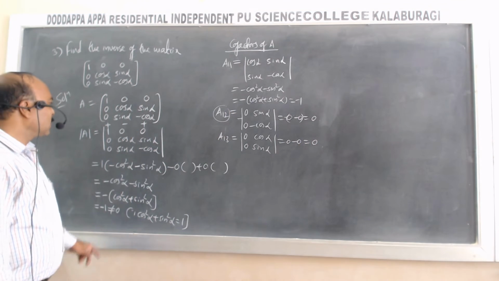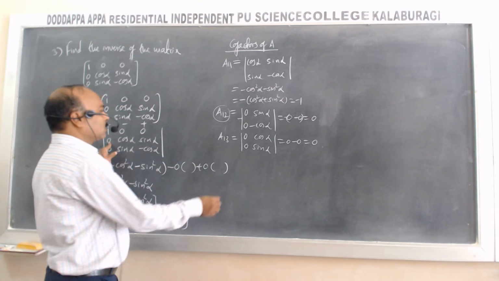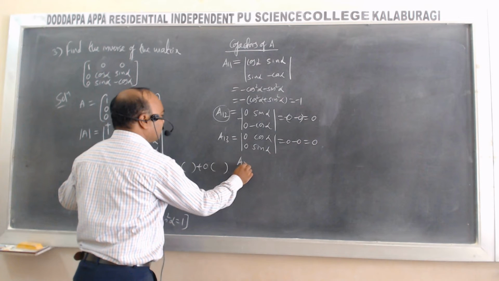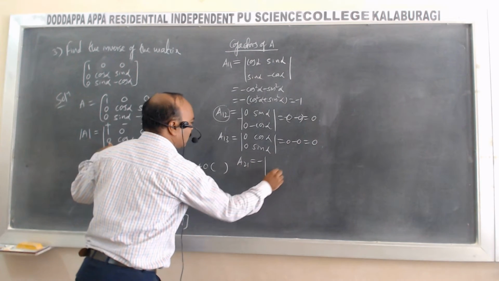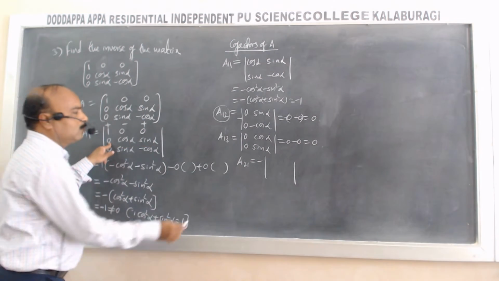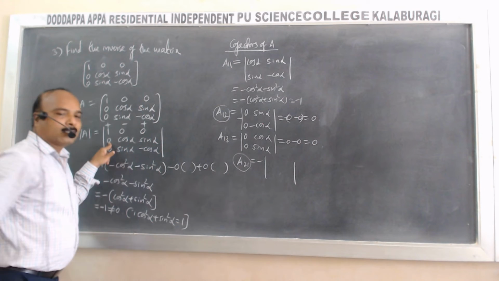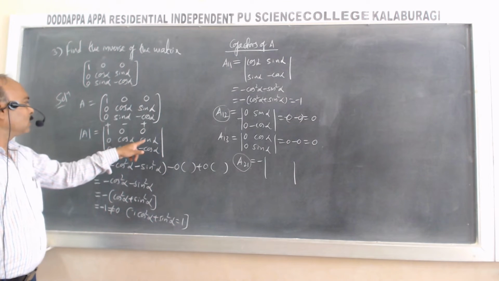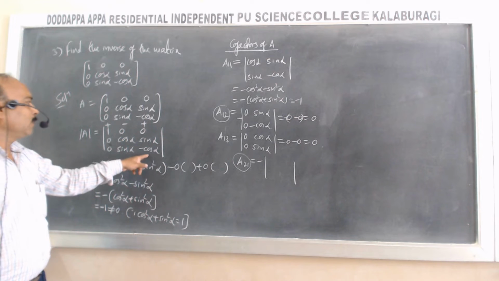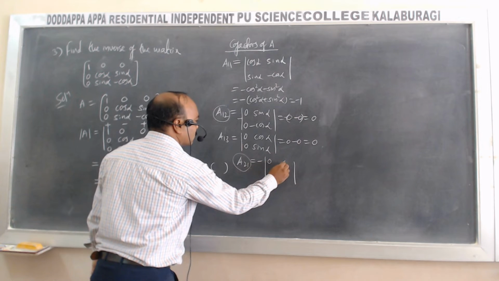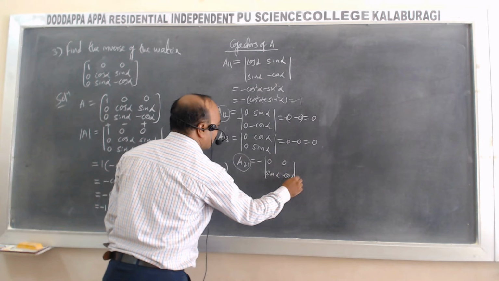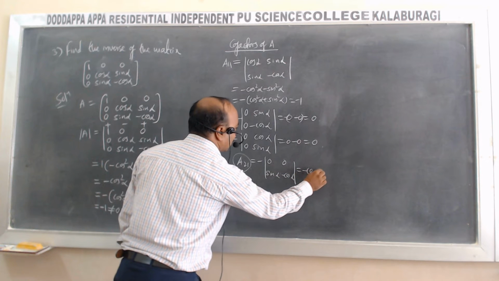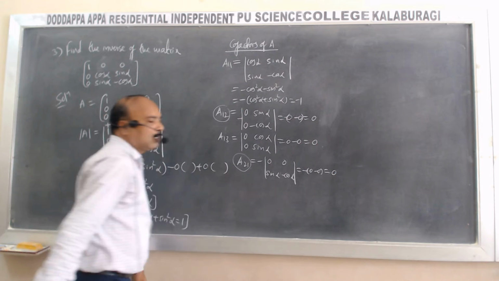Next we go for the second row, that is the cofactor of A21, that is minus of the determinant because 2 plus 1 is an odd number. Now deleting this column and this row, you get 0 0, sin alpha minus cos alpha. It is again 0 minus 0 equal to 0.